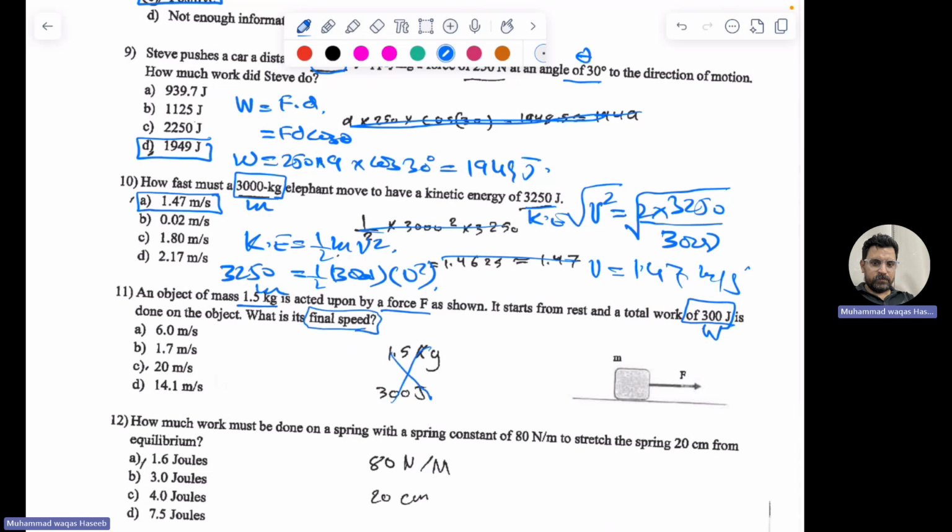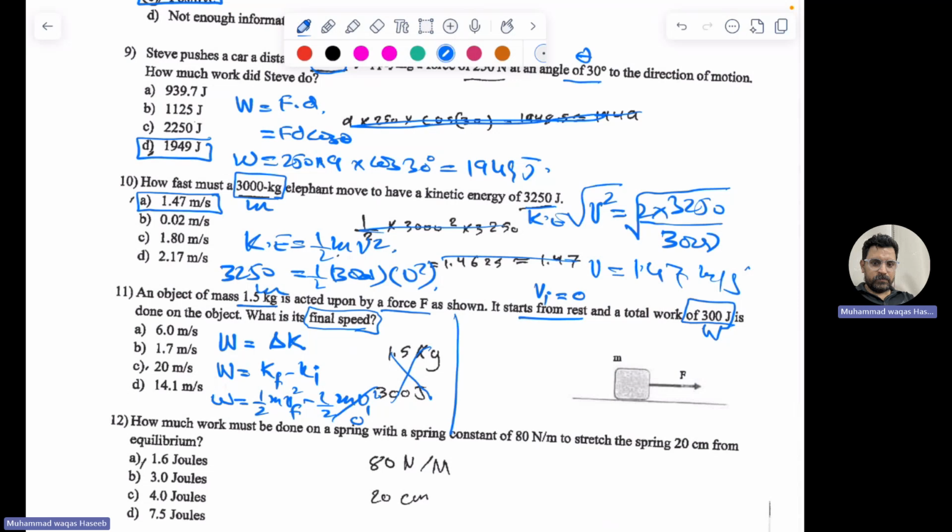We know the work energy principle, which says that the work is nothing but the change in kinetic energy. It starts from rest, which means its initial velocity is zero. So, work done is K final minus K initial. K final is 1 half m v final squared minus 1 half m v initial squared. The initial speed is 0, so this kinetic energy is 0.